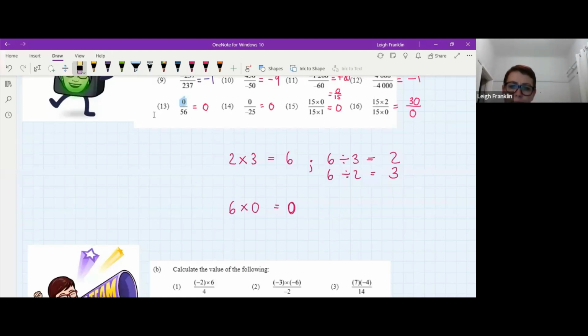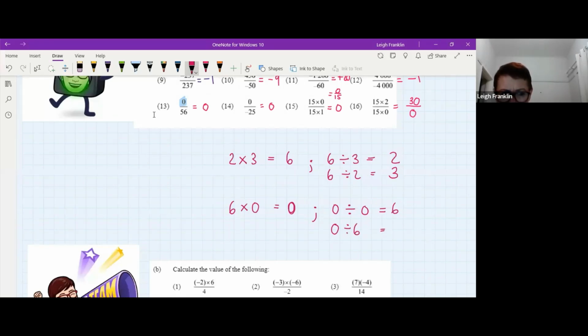I've muddled this up now. Just give me 1 second. Okay, so it would mean that 0 divided by 0 is 6.